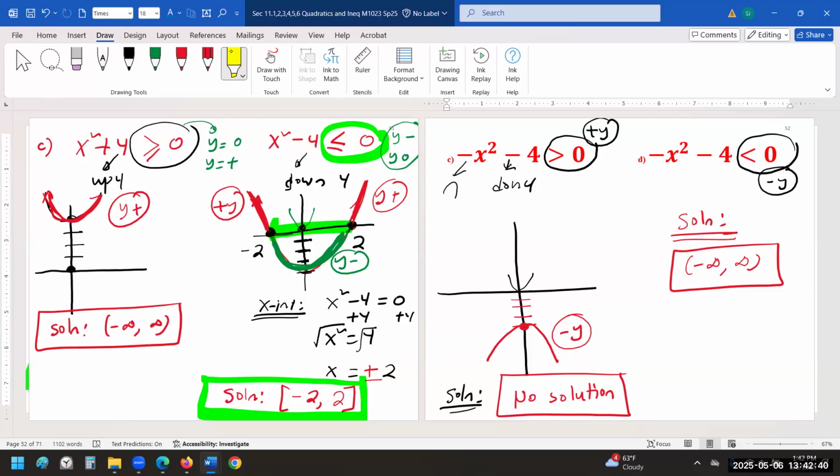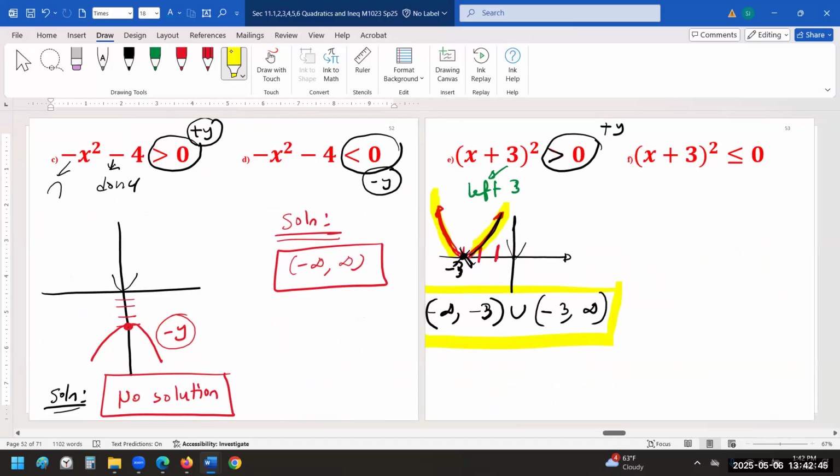See, just because you have an x squared, it doesn't mean you're crossing twice. For example, here, this also has a square, but are you crossing twice? No. So basically you roughly graph it first. Just graph it fast, and then if you're crossing twice, you need to know where they're crossing. If it's crossing once, you already know because you use transformation. And if it's never crossing, you don't even need to bother about the x-intercept because it's never crossing, like that example.